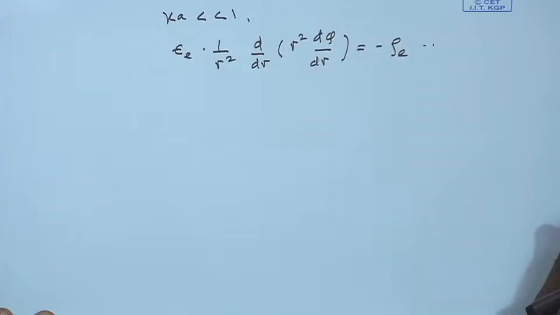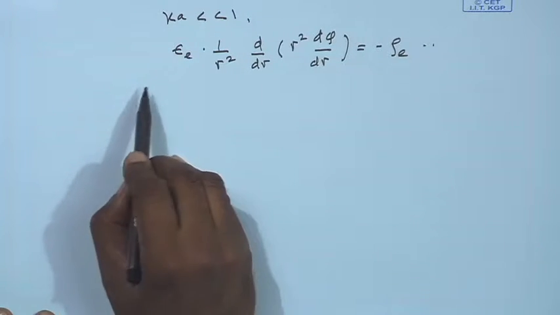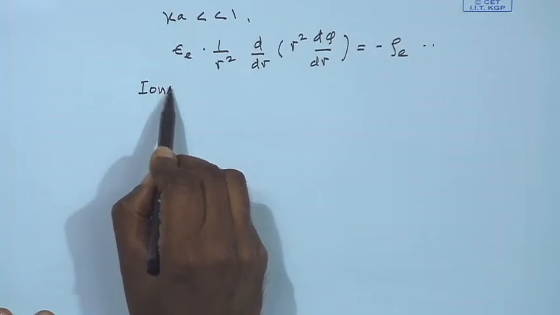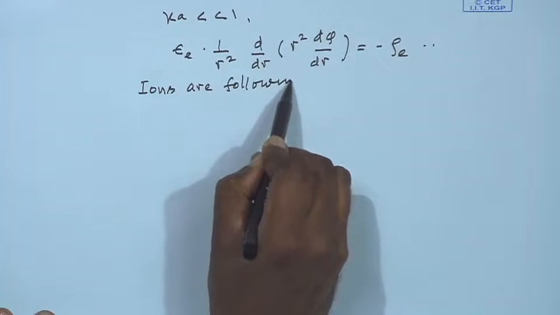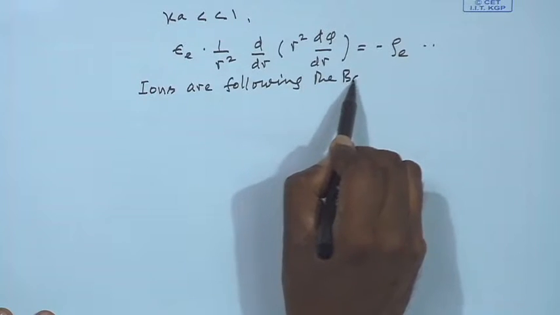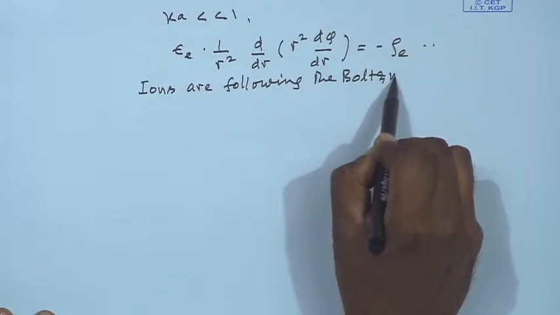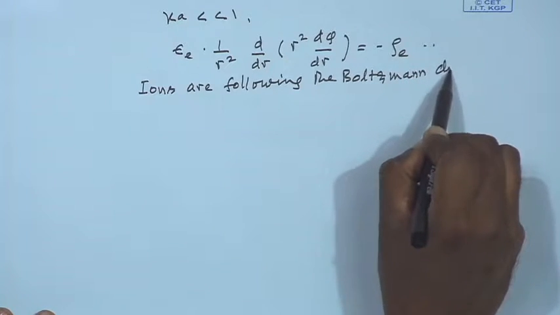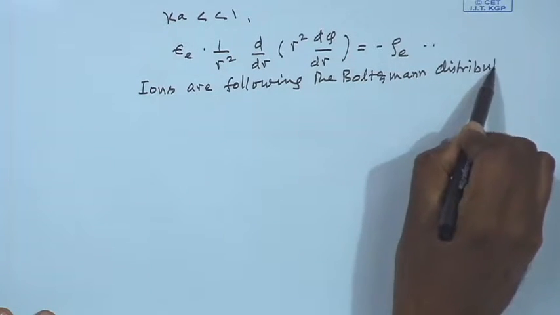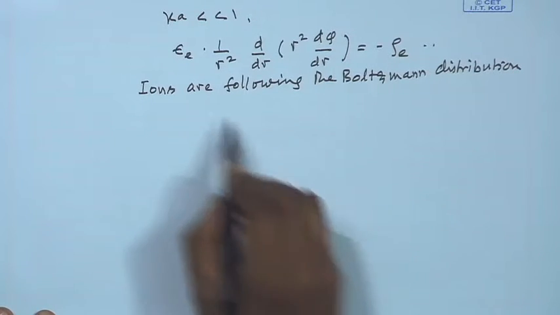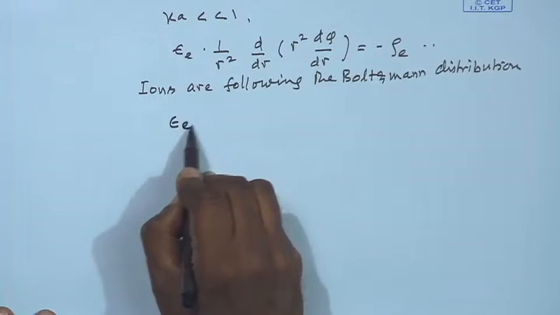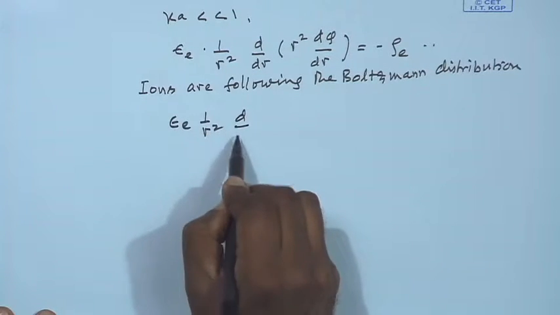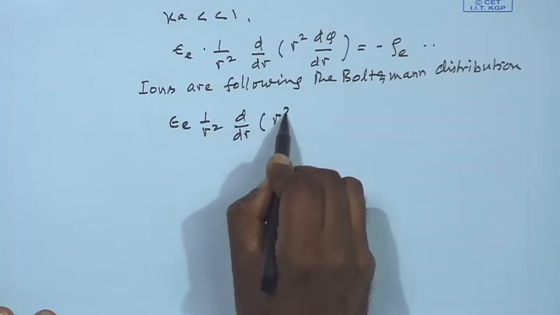Now, if the ions are assumed to obey the Boltzmann distribution, this kind of equation we have already done on several occasions.